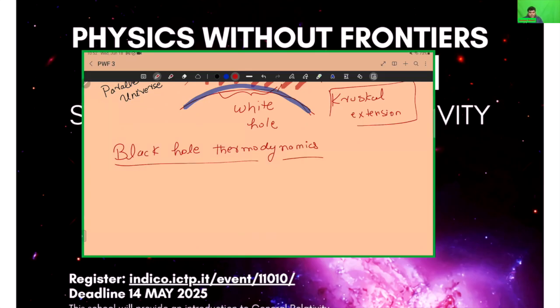So, in the 1970s, it was shown by Hawking and some other people. I mean, like Bekenstein and Hawking, and there were some other people involved. But the main contributors were Bekenstein and Hawking. They showed that if you study quantum field theory, although I don't know if the audience here understands what quantum field theory is, you can think of it as a field that obeys the rules of quantum mechanics, right?